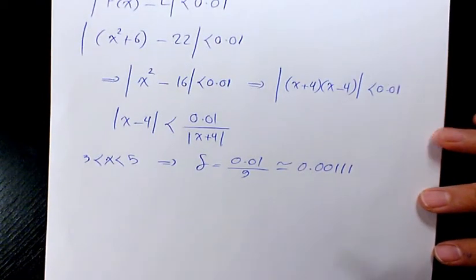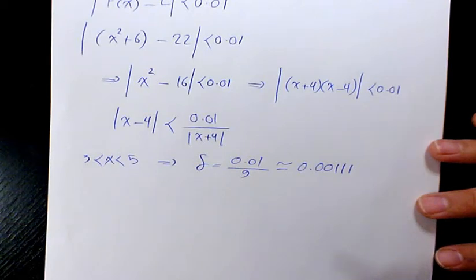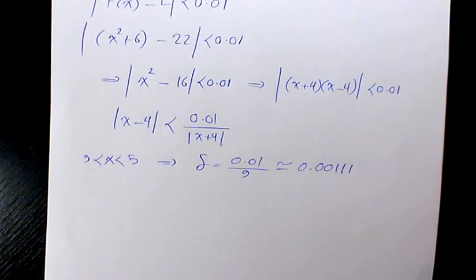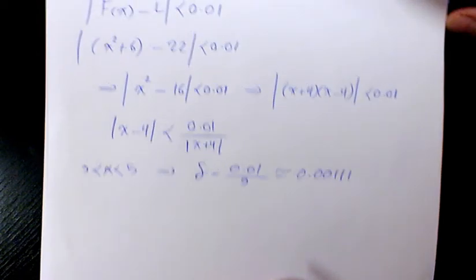So delta is 0.00111. So that's the delta. X minus 4 has to be less than this number in order to have the limit.